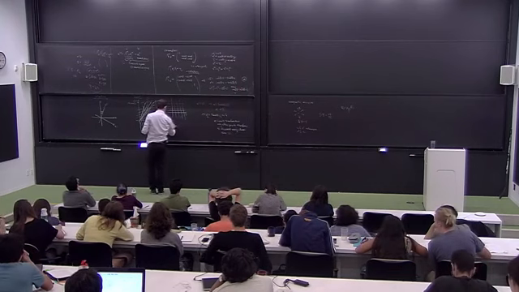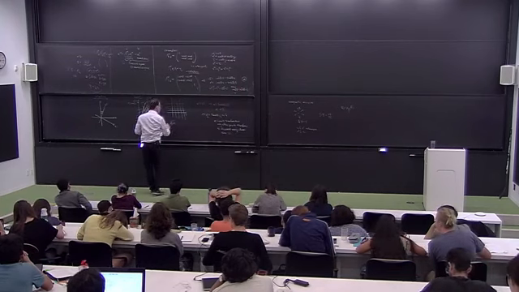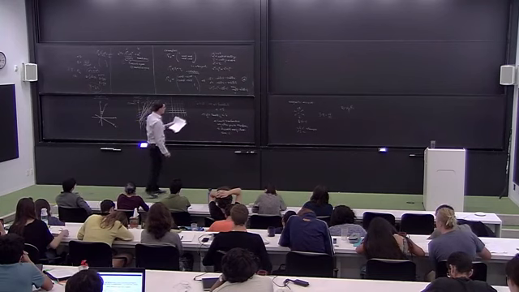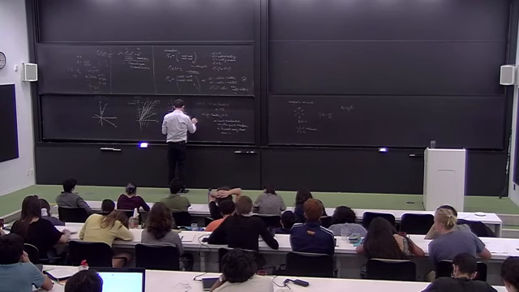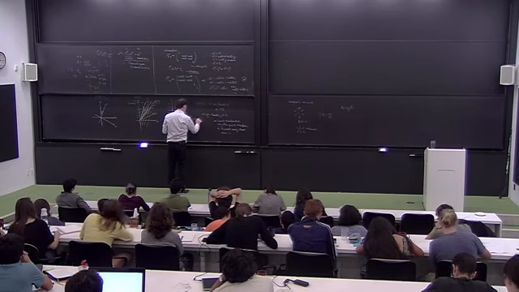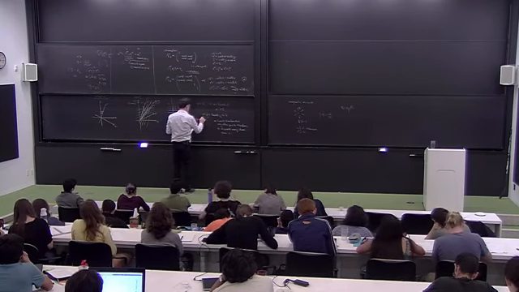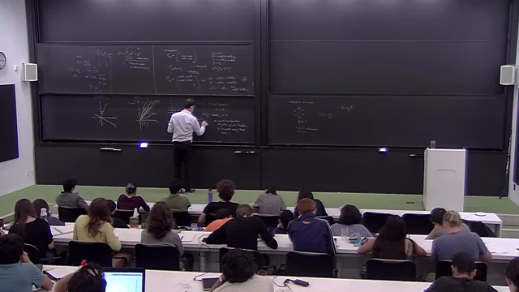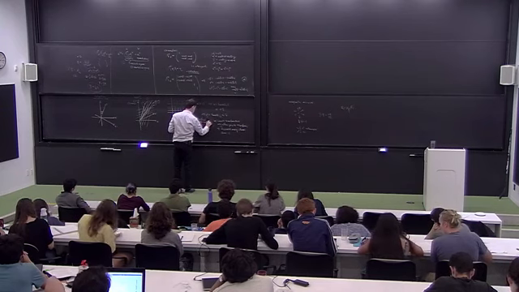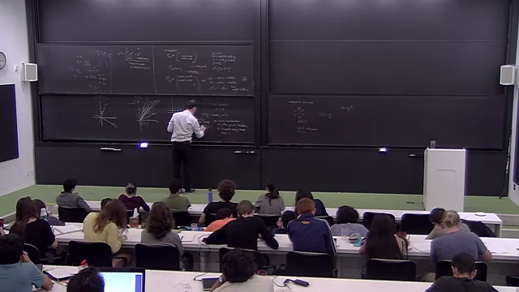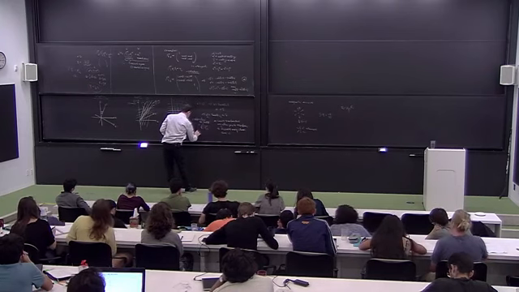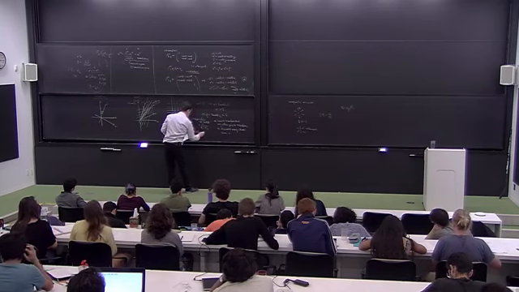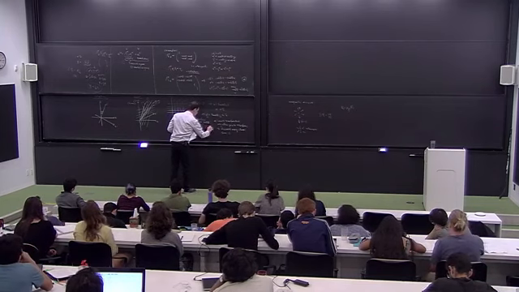You can see from this formula, if tanh theta is v over c, then cosh theta is 1 over root 1 minus tanh squared theta, which is 1 over root 1 minus v squared over c squared, and that we define in relativity as gamma.